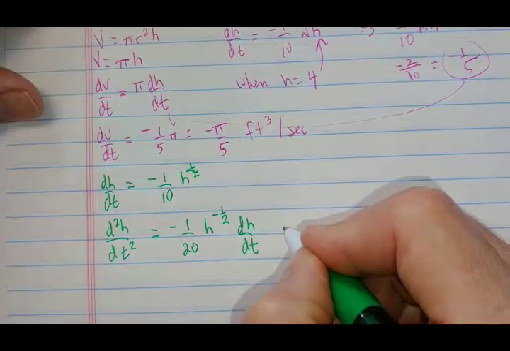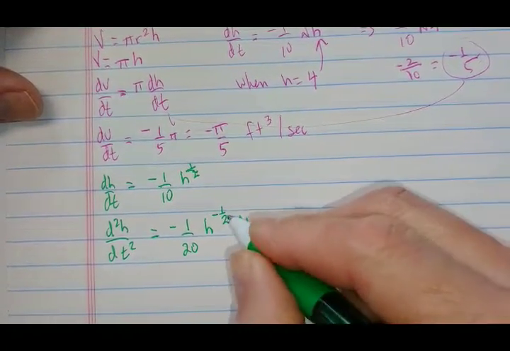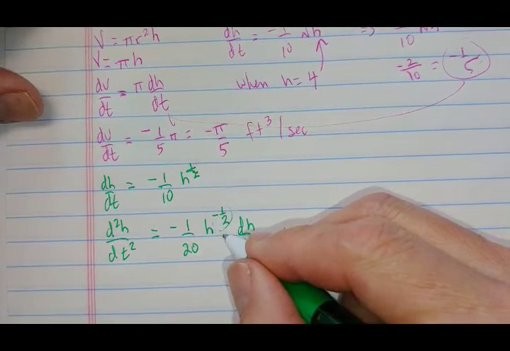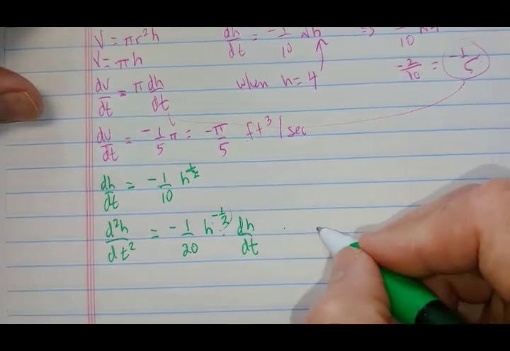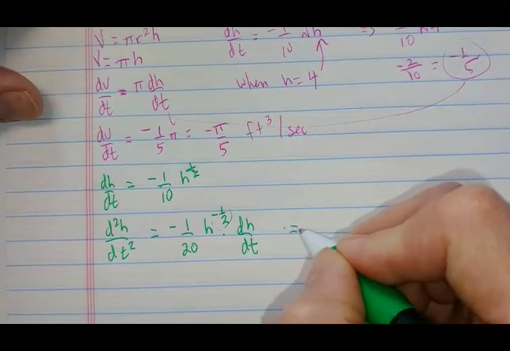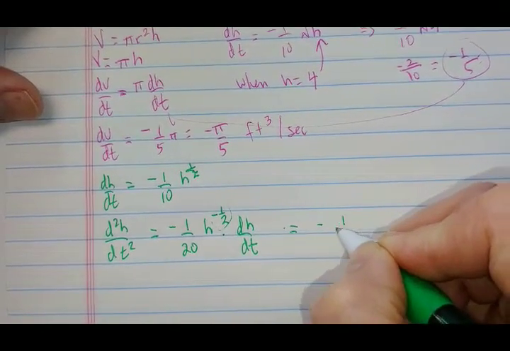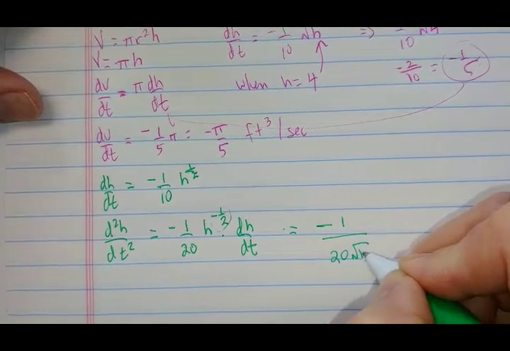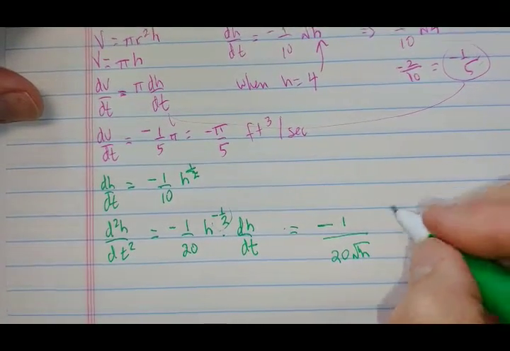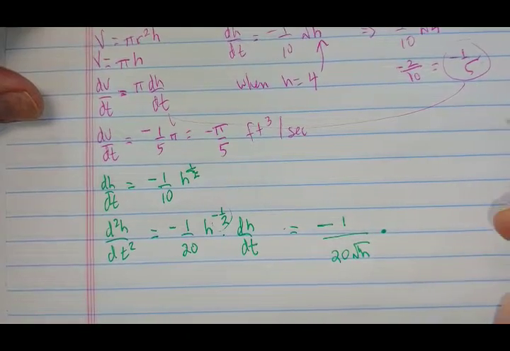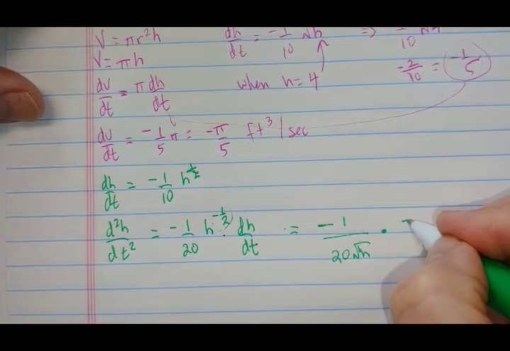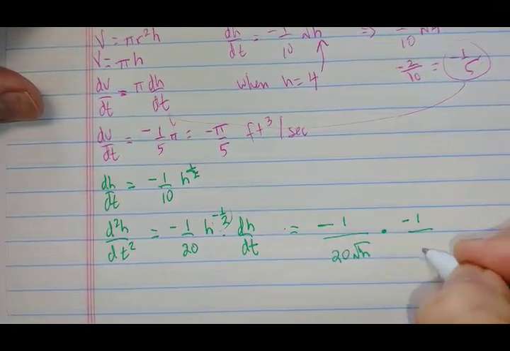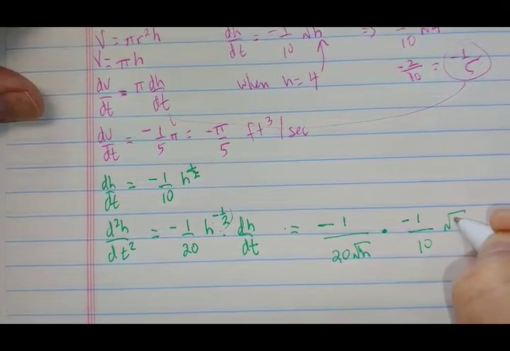Then I can take that h to the negative 1 down to the denominator to make it negative 1/20 square root of h, because I'm going to be substituting a number in just a second, multiplied by dh/dt, which was negative 1/10 square root of h.